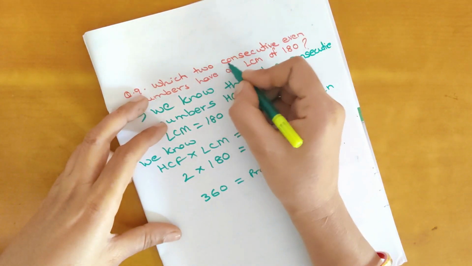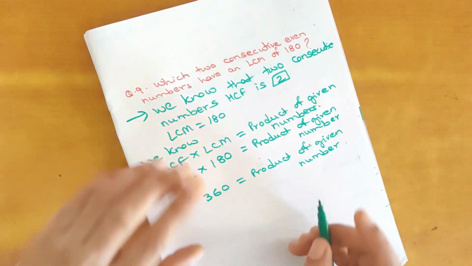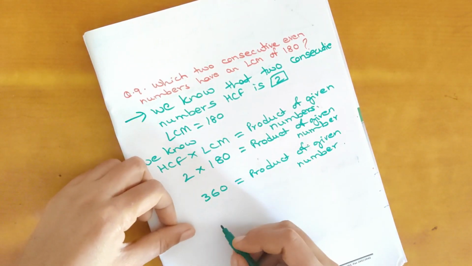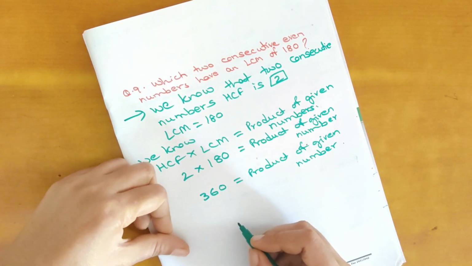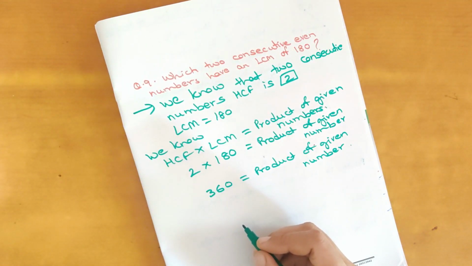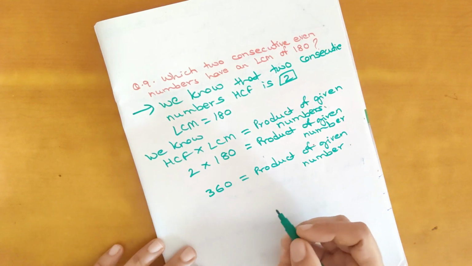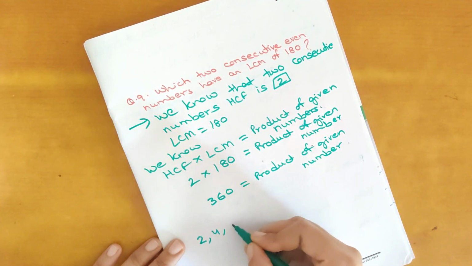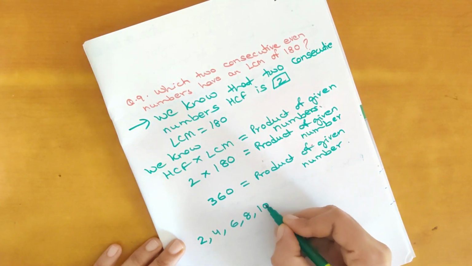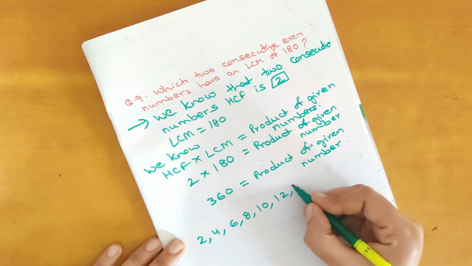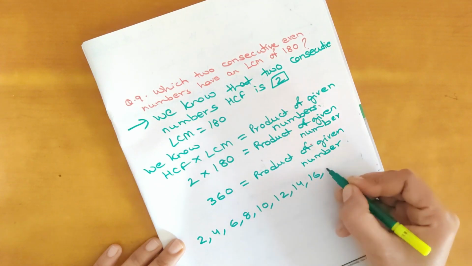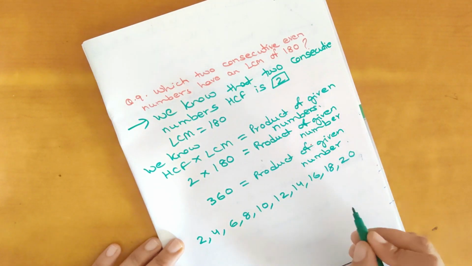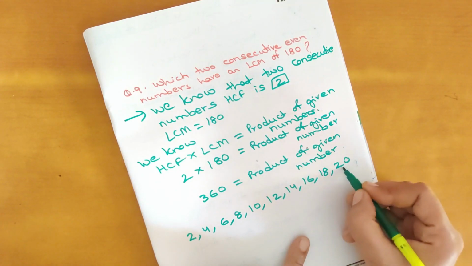We will find two consecutive even numbers. We will take the consecutive even numbers 2, 4, 6, 8, 10, 12, 14, 16, 18, 20. See quickly, 18 twos are 36.